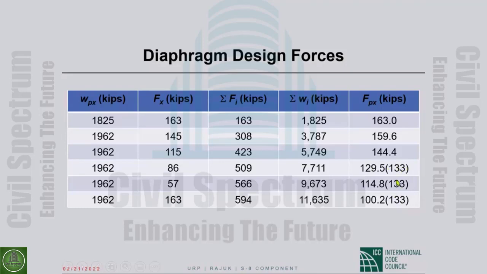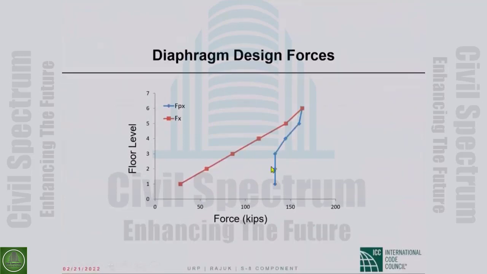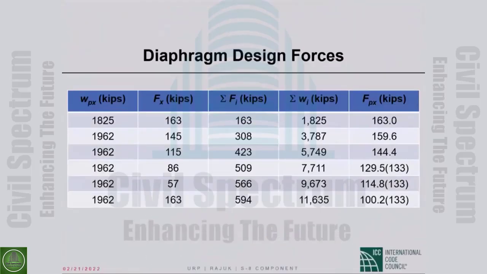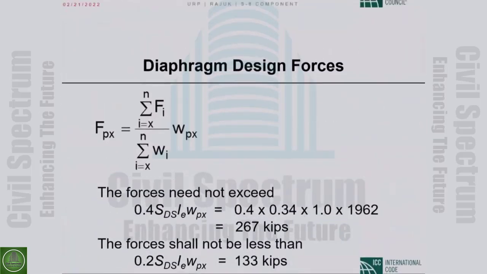We will use the minimum values in design. Okay. So these are the F sub x forces resulting from distribution of the design base shear along the height. These are the diaphragm design forces. I want you to see this. This is not very different from where we started.